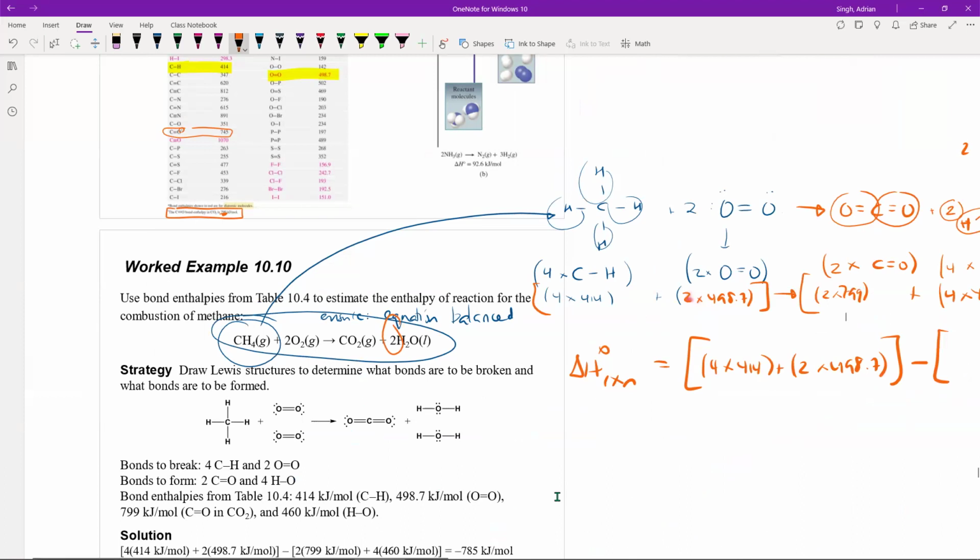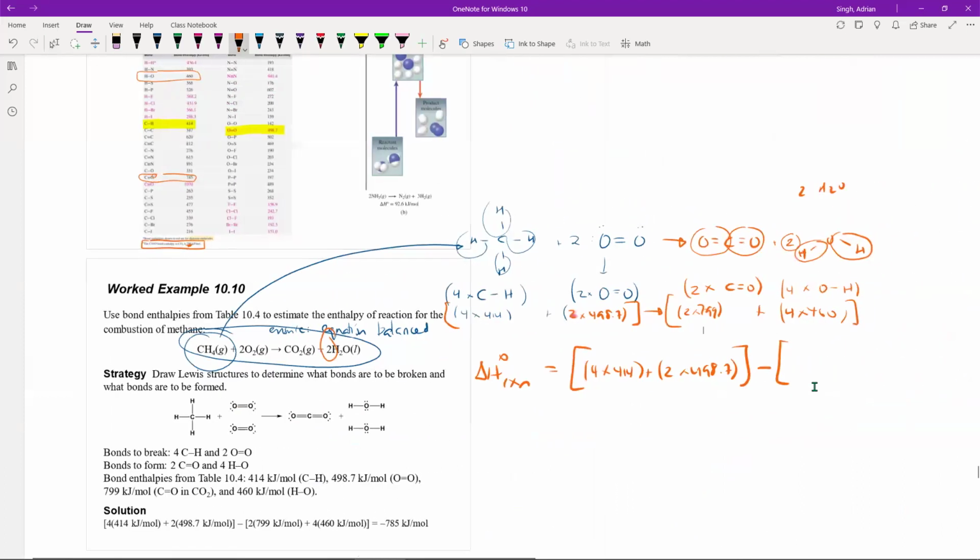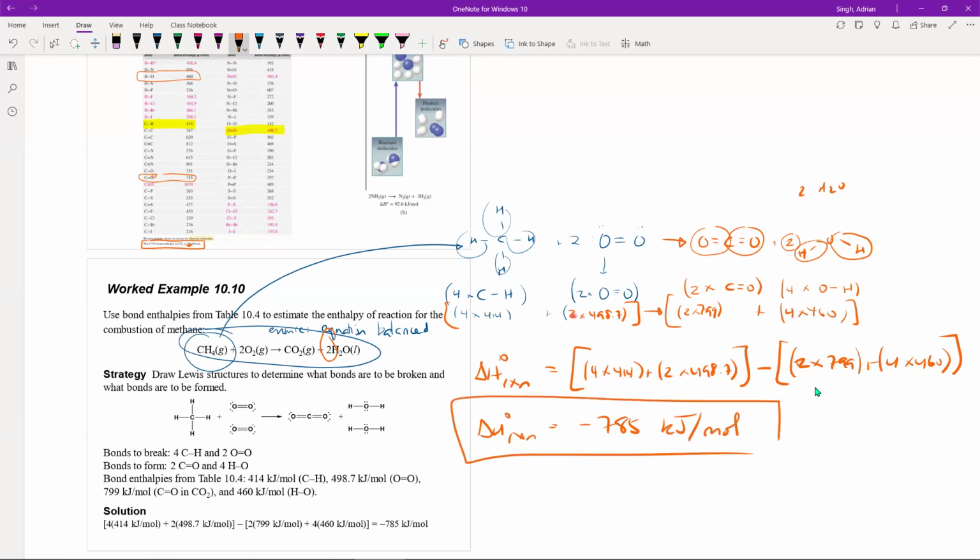And then we add that to the bond enthalpy. So 2 times 799 plus 4 times 460. Substitute all of those into our calculator, and we get the delta H for this reaction as negative 785 kilojoules per mole, which, being a negative value, tells us this is an exothermic process.